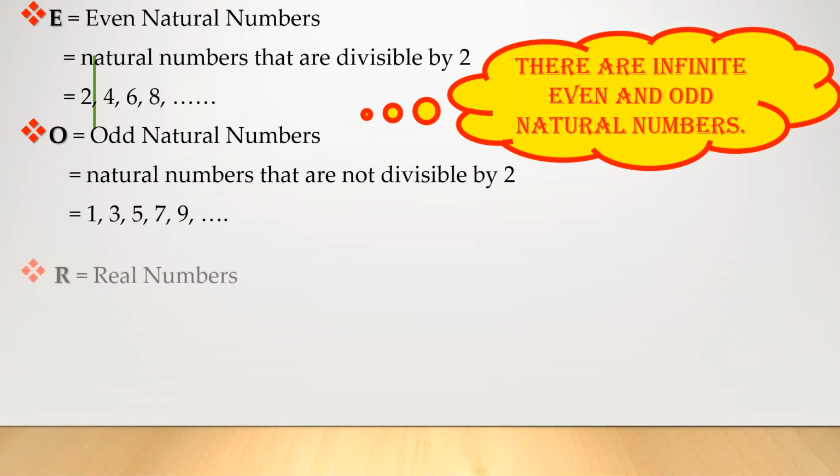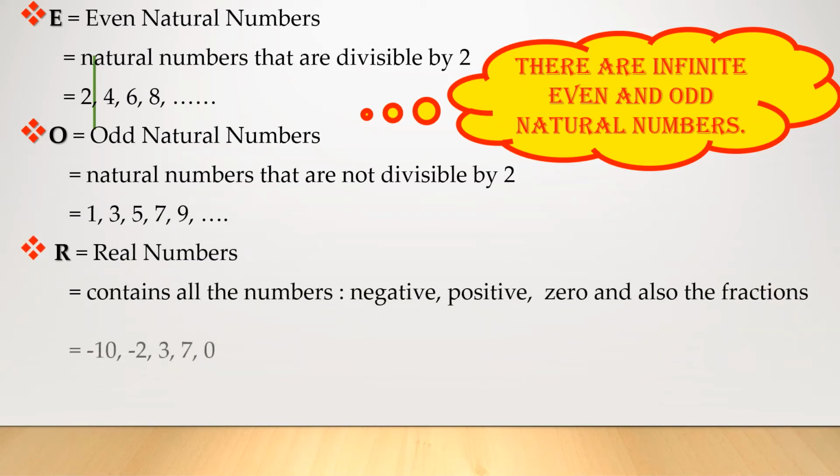The capital letter R denotes real numbers, which contain all the numbers. It can be negative, positive, 0, and also fractions.